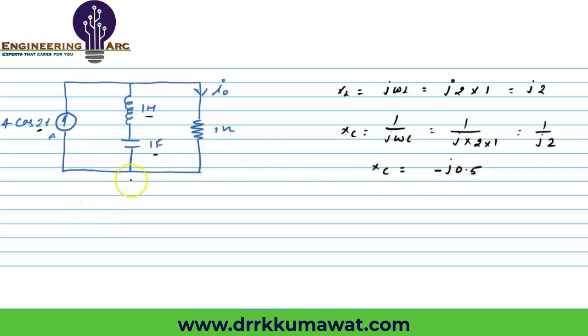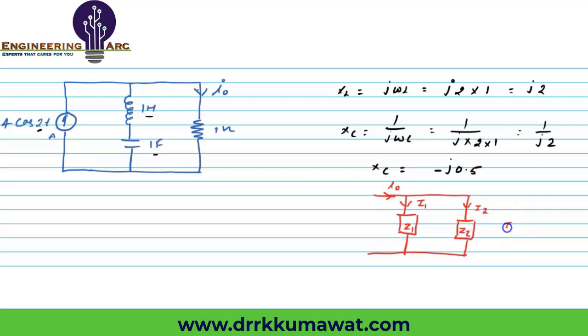Now we simply apply the current division rule. What is the current division rule? If there are two parallel branches, this is the branch Z1 and this is the branch Z2, both connected in exact parallel, and a current I flows across these branches, then we can easily calculate the current in the branch of interest.